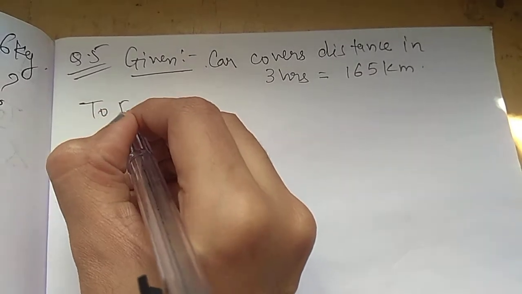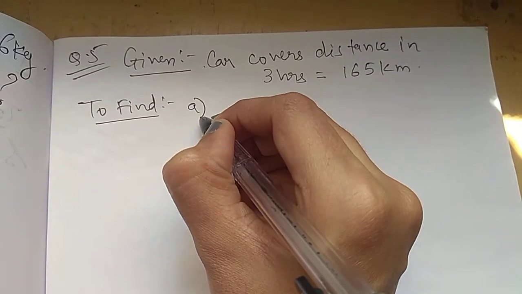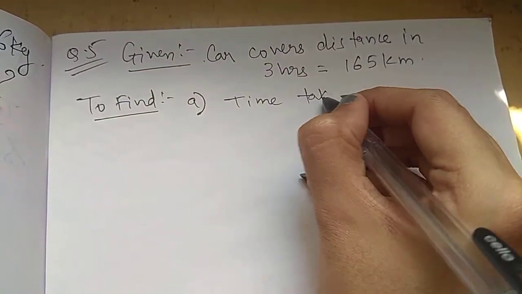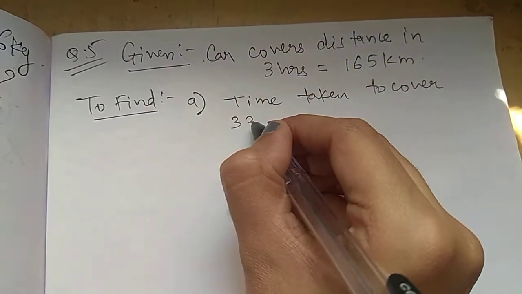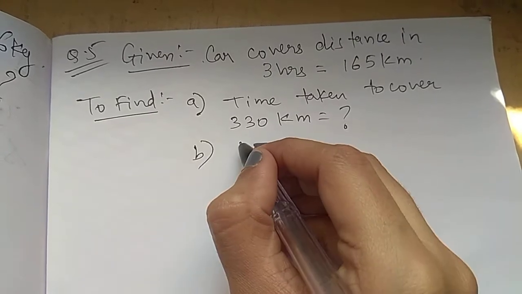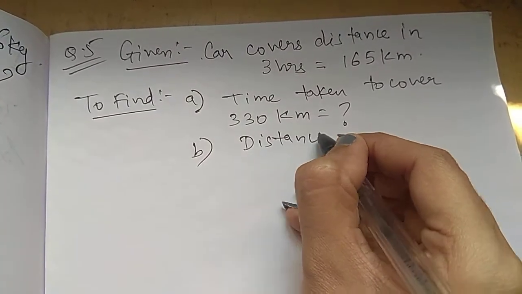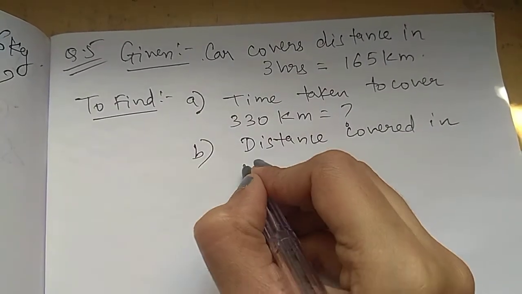To find, there are two parts. First, time taken to cover 330 kilometer. And second, distance covered in 8 hours.